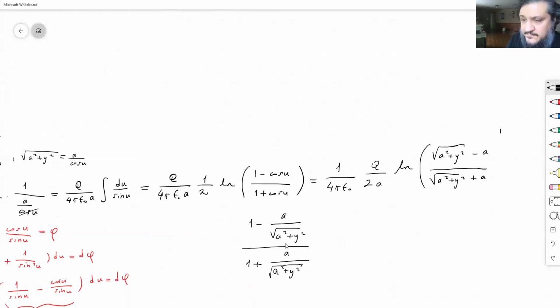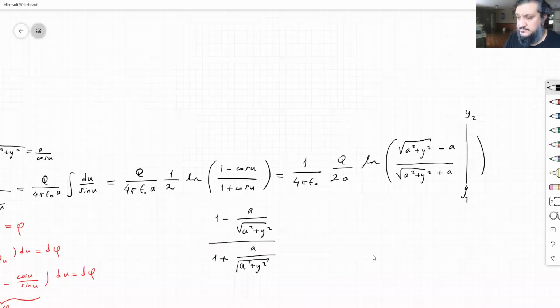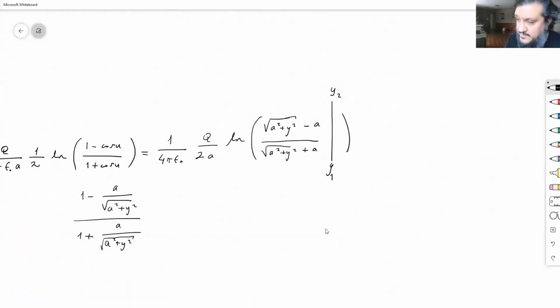And the limits are from y1 to y2. Remember this is equal to v1 minus v2. v1 means v at y1, v2 means v at point y2.